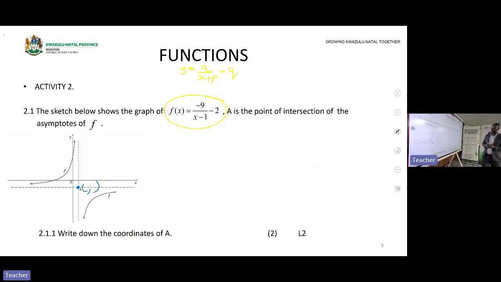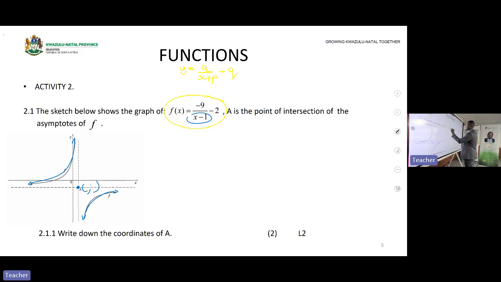When you look at your graph, you can see that it is in the second quadrant and also in the fourth quadrant. It is found in these two quadrants, but it has moved a little bit to the third quadrant because of the shifting of the graph.